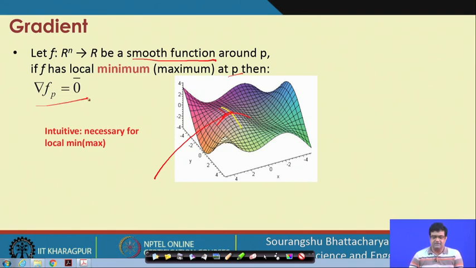So, if the gradient at this point is exactly equal to 0, then this is a local optimum.